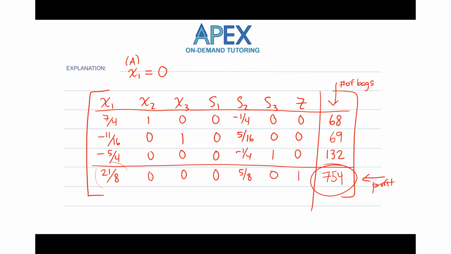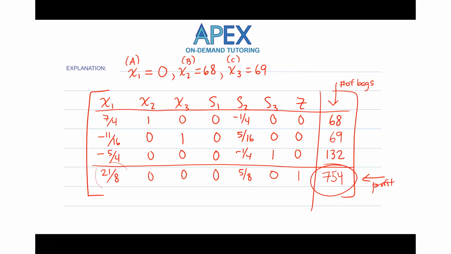So there's 0 bags of bag A. This means that we want to make 68 bags of B, and we want to make 69 bags of C.